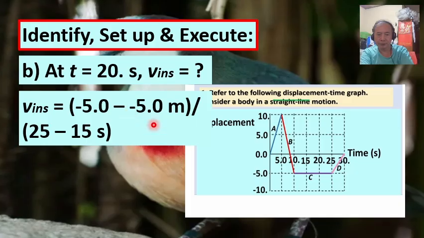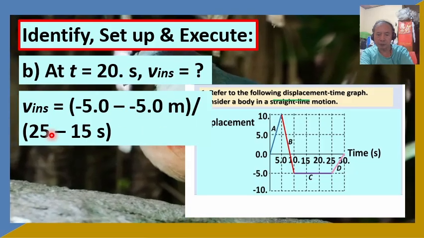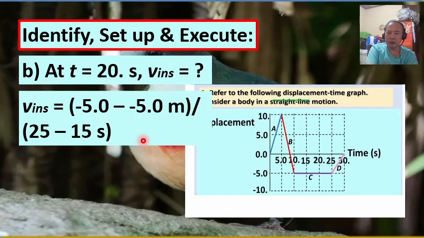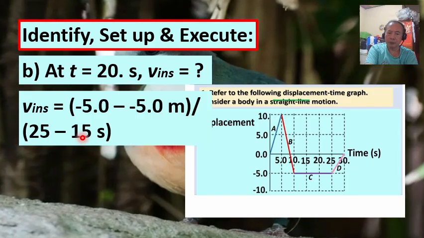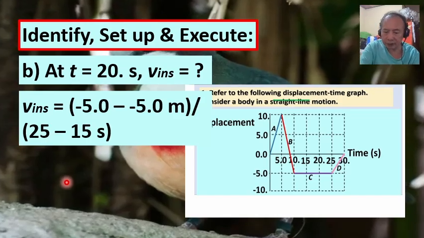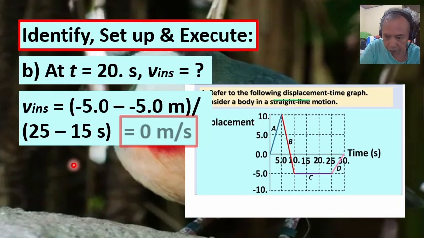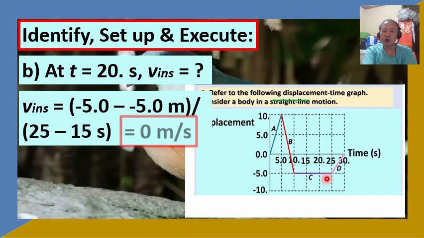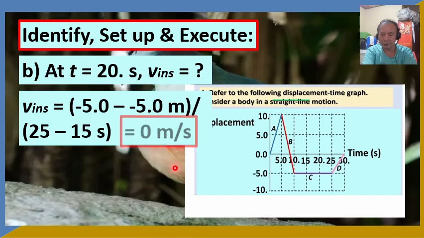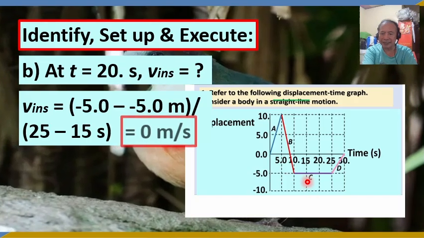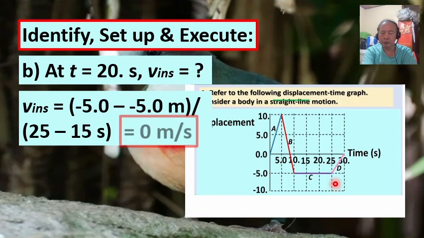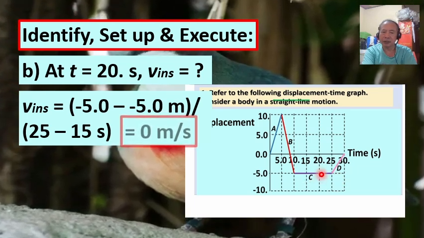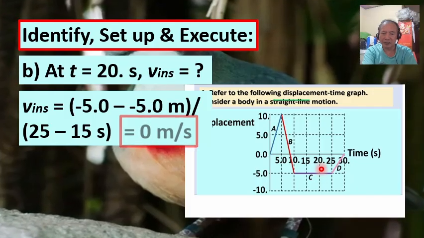That is why our final answer for the slope, which represents the average velocity within the time interval 15 seconds to 25 seconds, is in fact equal to zero. And that simply means that the body is motionless. It is stationary from 15 seconds to 25 seconds, including at that instant t equals 20 seconds.